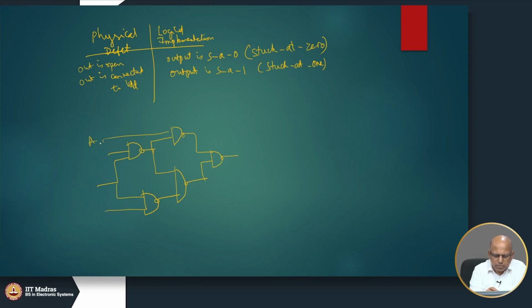Label these as A, B, C, D, E, F, G, H, I, J. So, you can see that a lot of defects can occur here, a lot of defects are possible.